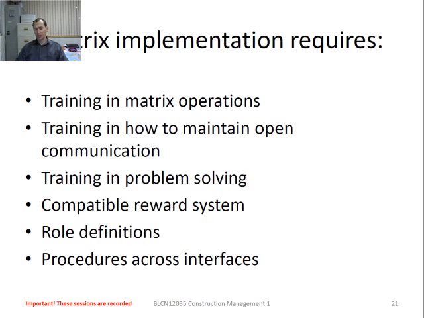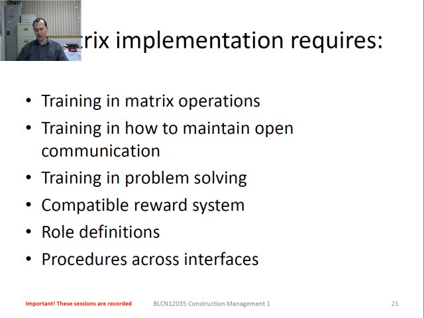In a construction company, it's really difficult to shift from a traditional functional structure into a matrix organization, because people don't like change. They typically will try and resist the change, and you won't get people to buy into the new management style.